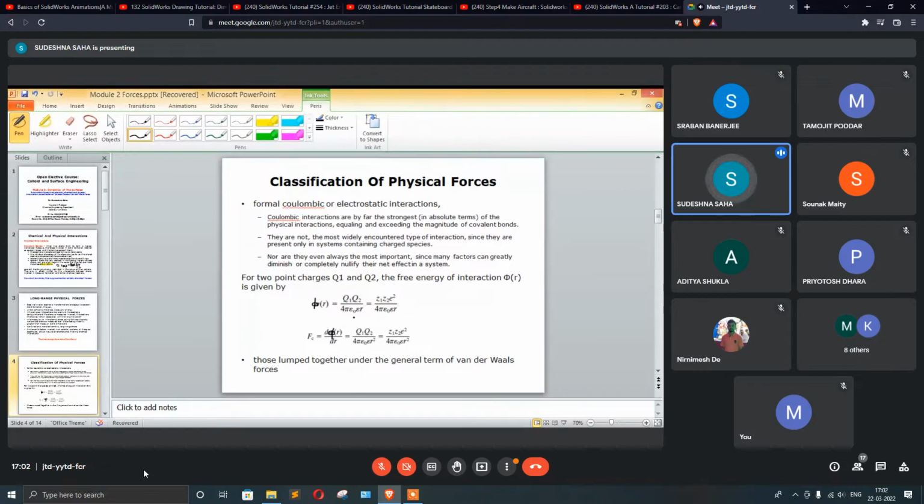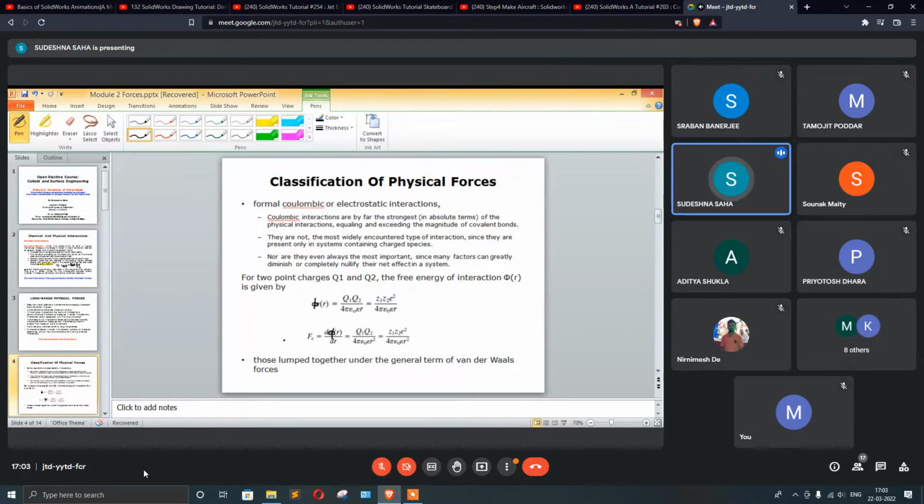Now, epsilon naught is the permittivity of a vacuum or free space, epsilon is the relative permittivity, and r is the distance between the two charges. Z1 and Z2 are the valency of each ion, and e is the elementary charge of an electron. Okay, so that's how we get the energy of interaction that has been given over here.